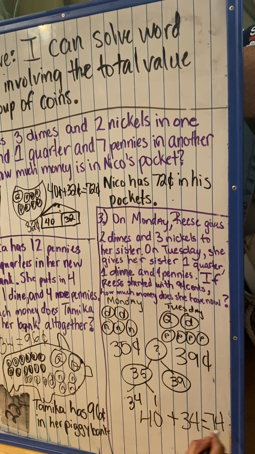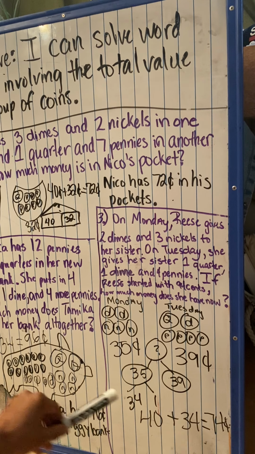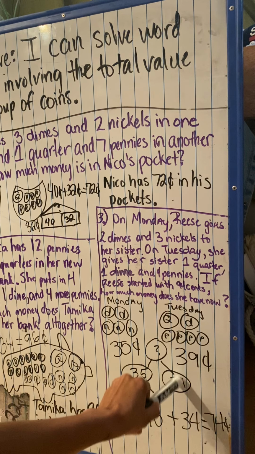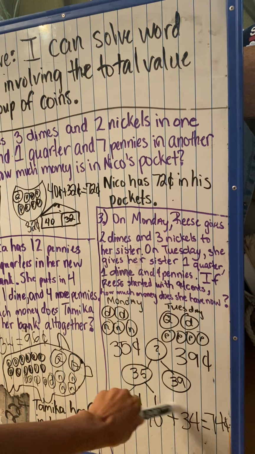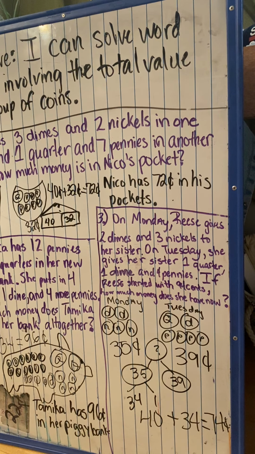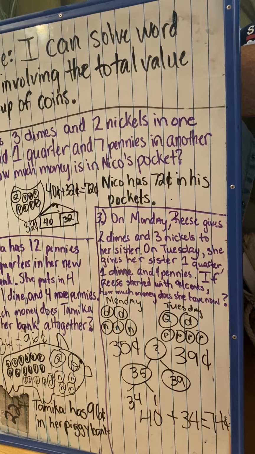So I know that Reese gave her sister 74 cents. Again, I took 1 from the 35 to make a friendly number, and I had 34 left. So my new number sentence was 40 plus 34, which gave me 74 cents.